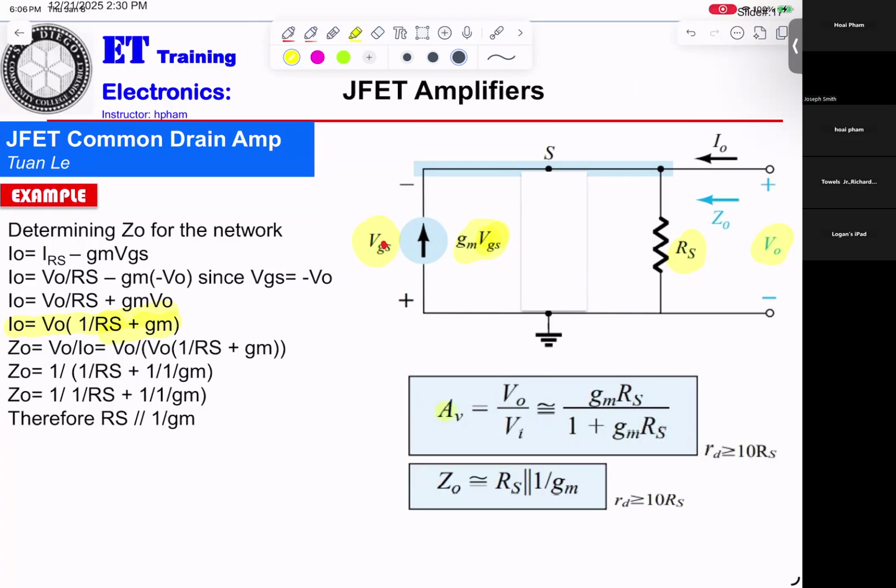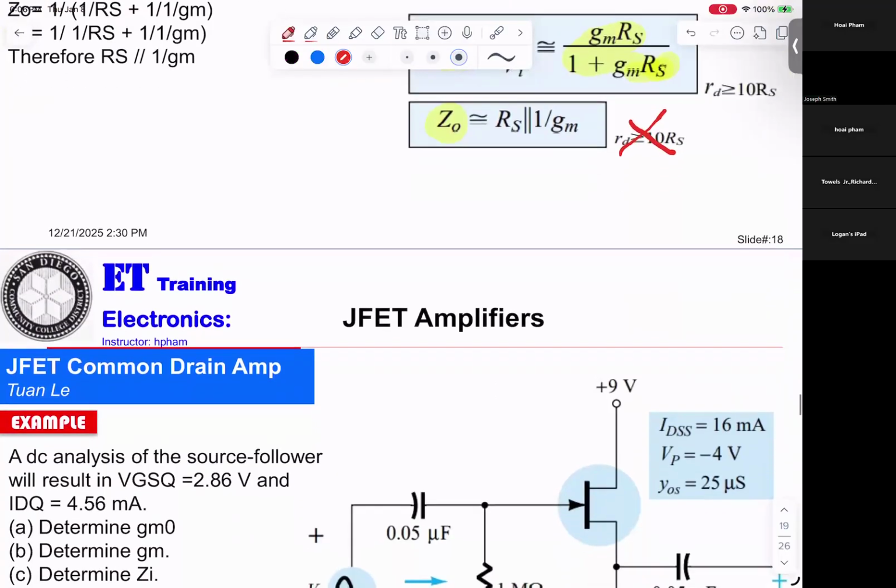This is the formula they gave you if you want to calculate it. And also, output impedance equals RF parallel 1 over GM. Also, they already said we don't care about that. So basically, if you know about the JFET, I believe you're able to calculate it.